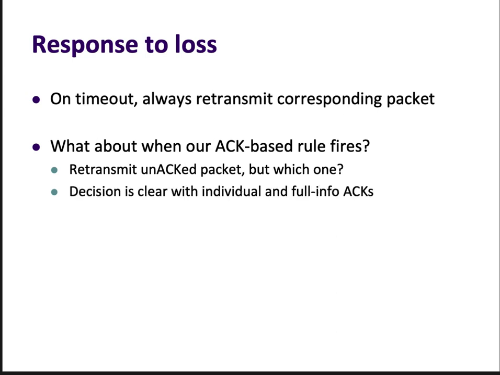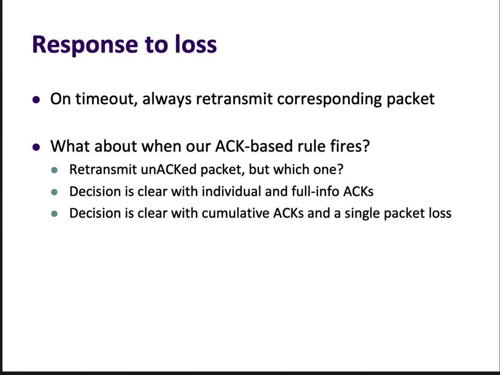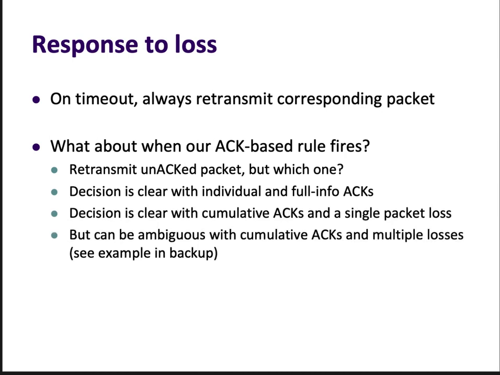With individual ACKs or with full information ACKs, which packet you should retransmit is very clear. The hole is very clear in the stream of ACKs that you got. With cumulative ACKs, if you have a single packet loss, it's very clear. But what we're going to see is that when you have multiple packet losses, it's sometimes not clear.